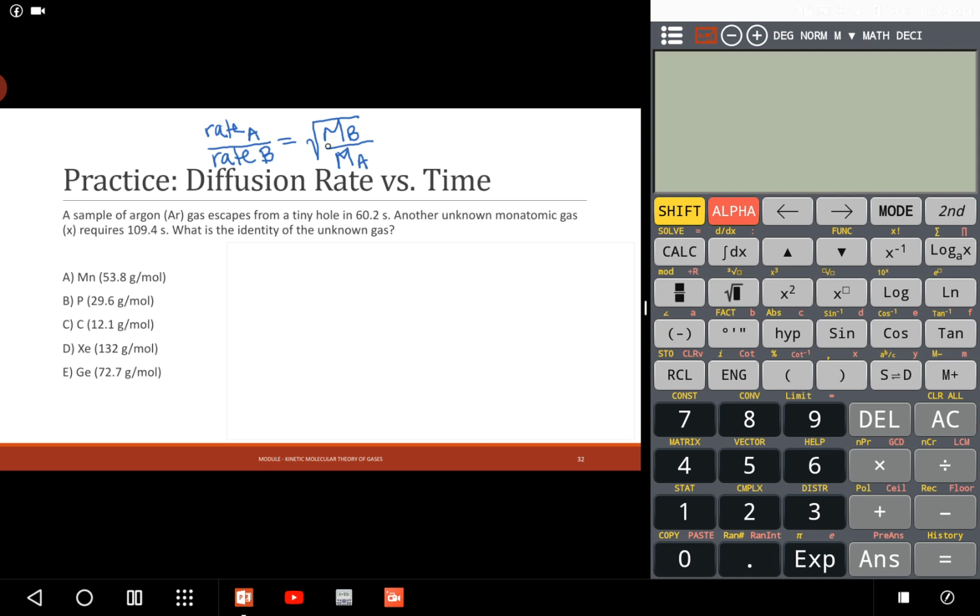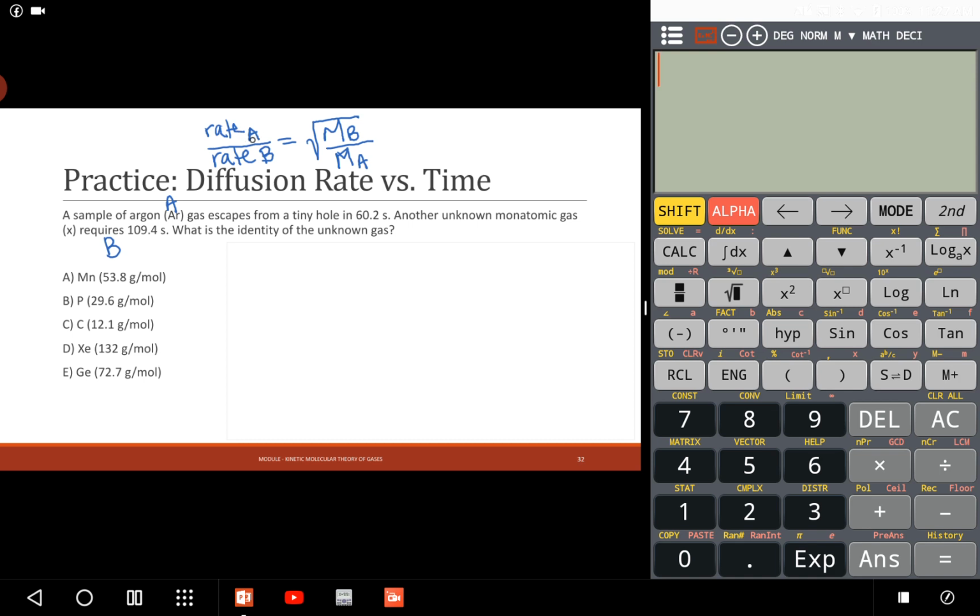I have to think about algebraically which one would be easier to solve for. I think the molar mass of B would be a little bit easier to solve for because it's in the numerator. And so I'm going to assign this unknown gas to be B and argon to be A.